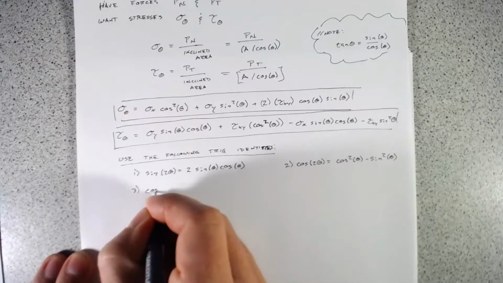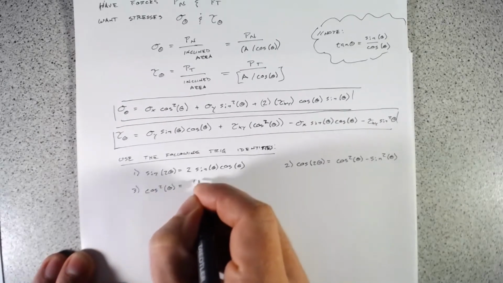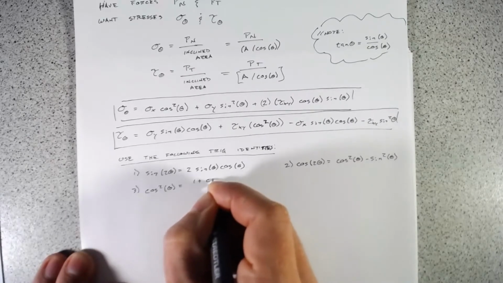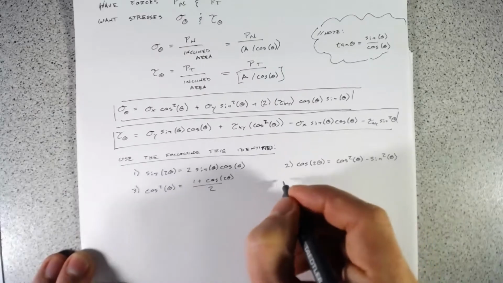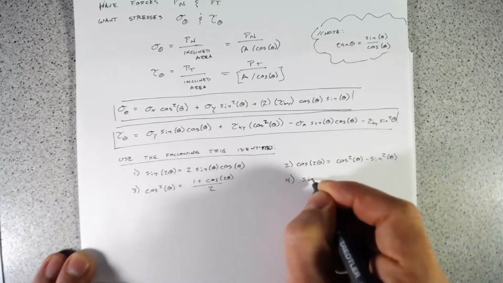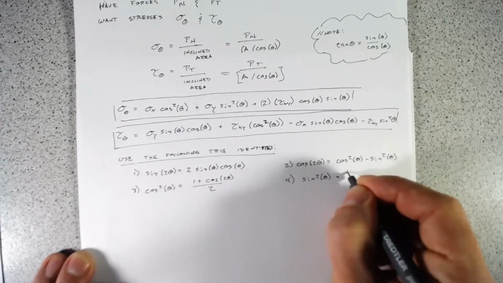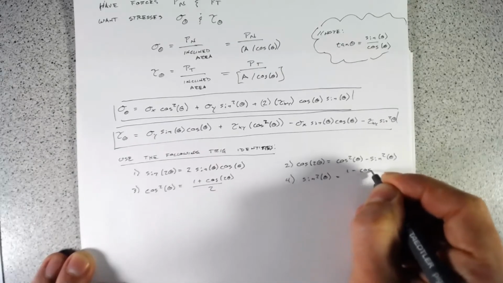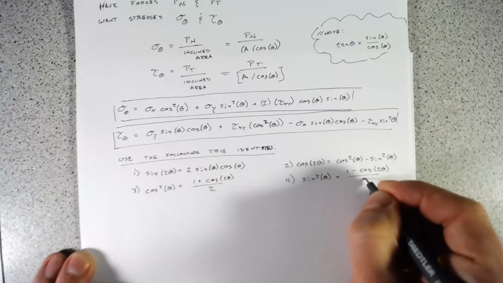Three is cosine squared theta equals 1 plus cosine of 2 theta over 2. And the fourth trig identity is that sine squared theta equals 1 minus cosine of 2 theta over 2.